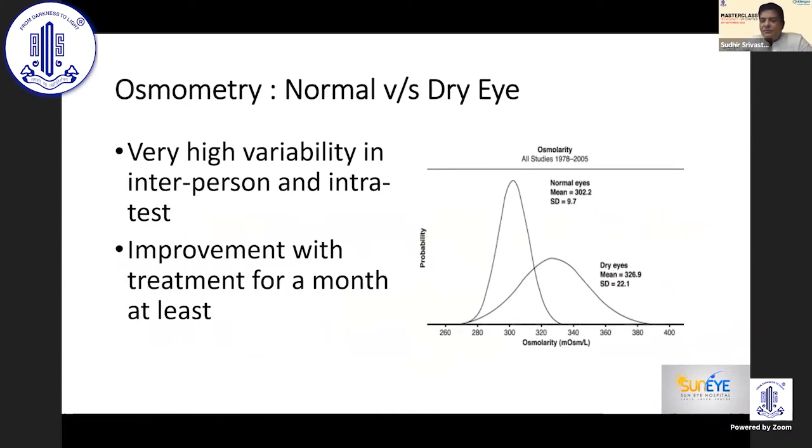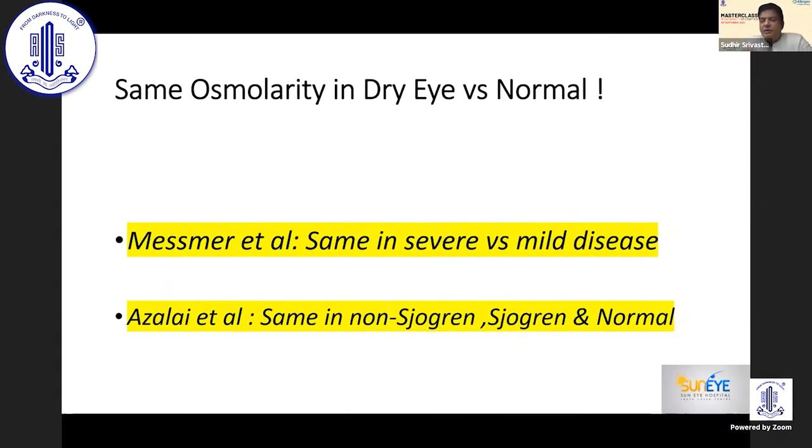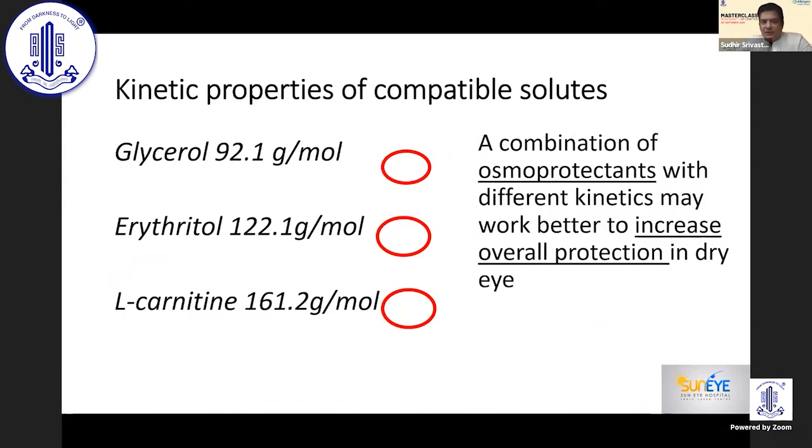But several studies have already shown that you can get a similar osmolarity in dry eye patients and normal patients. So after assessing the osmolarity, you cannot judge whether the patient has a normal surface or a dry eye problem, but it will definitely give a clue.